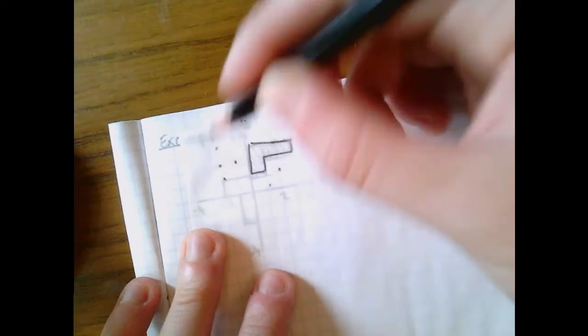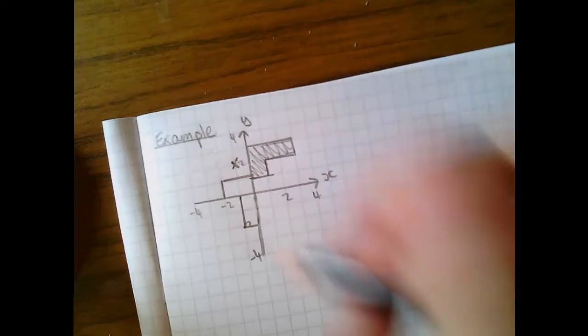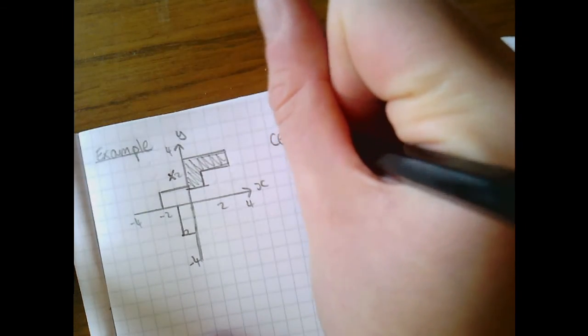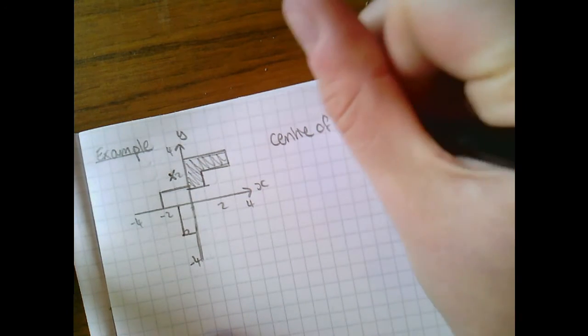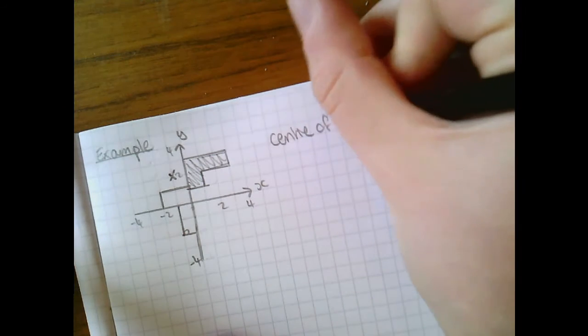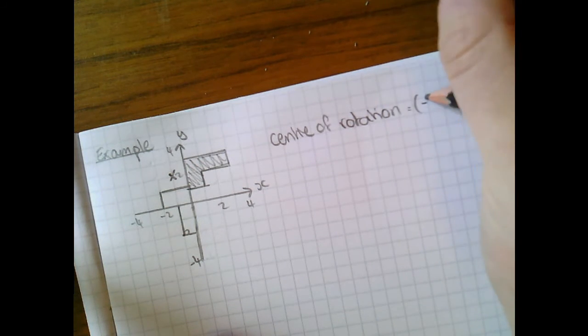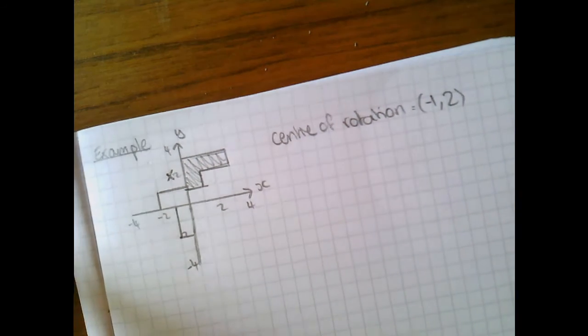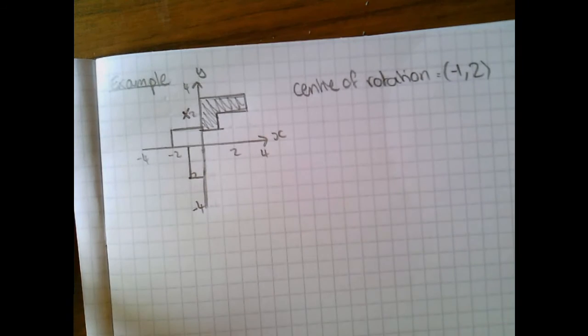So we know that my center of rotation is that point there, which is at (-1, 2). So our center of rotation is at (-1, 2). We also need to find out which direction it's rotated in. I rotated it round this way.